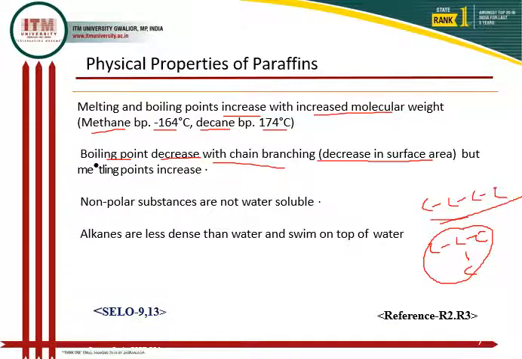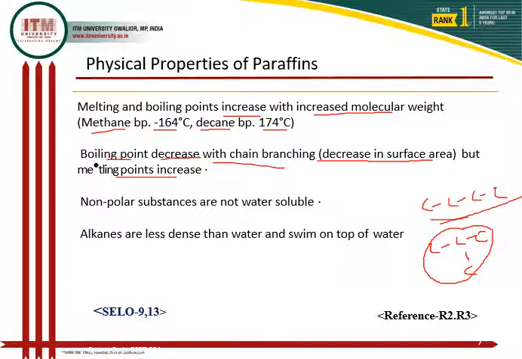But the melting point increases in the branching. Why? Because the melting point depends on how easily the molecules come closer to one another and how easily they are stacked out.